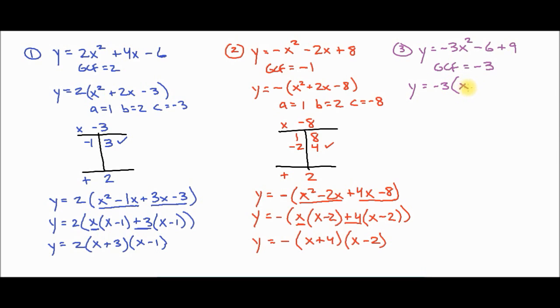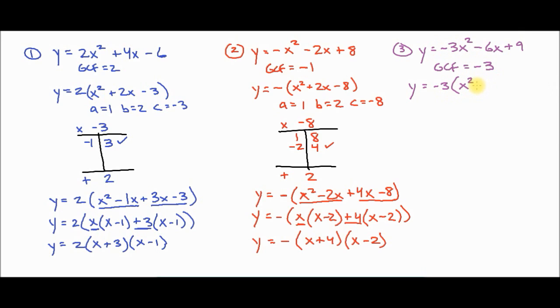Negative 3 times x squared is negative 3x squared. Oh sorry, I wrote this wrong by the way. Let's correct this. This should have been negative 6x. Negative 6x. And that's plus 9. Okay, so this is x squared.